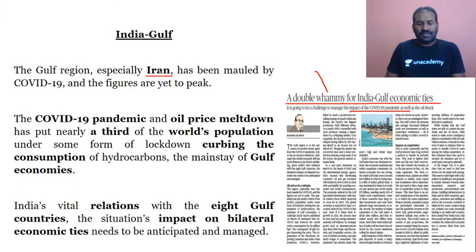It is Iran that was very badly hit because of COVID-19. We all know that China was the first country where the virus had its epicenter, and after that it spread to Southeast Asia, then Asia, and then West Asia.